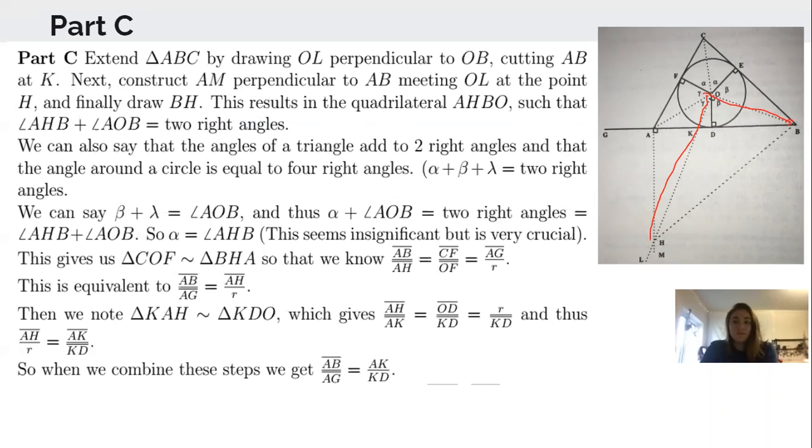So this is OL right here. That line that I just drew, that's OL. And now we're gonna draw another line that is perpendicular to this, which is AB. And so this perpendicular is right here. And now we also see that we're gonna connect B right there.